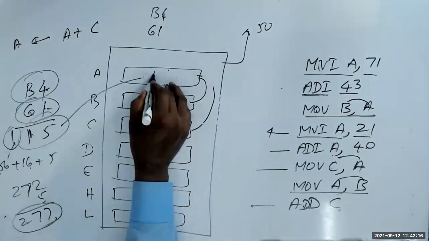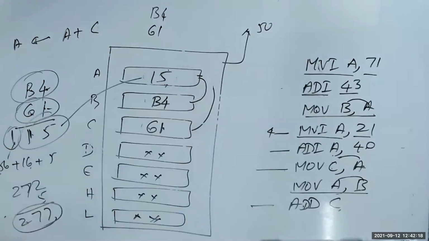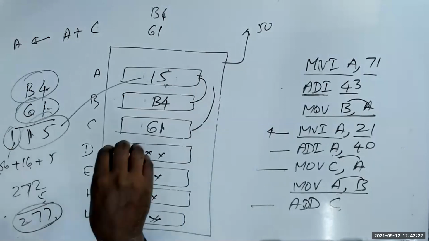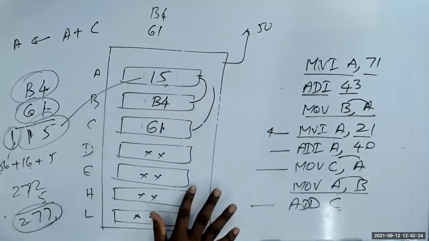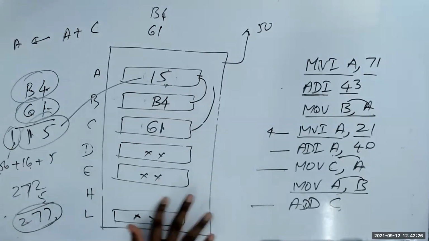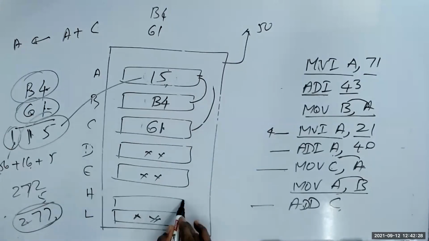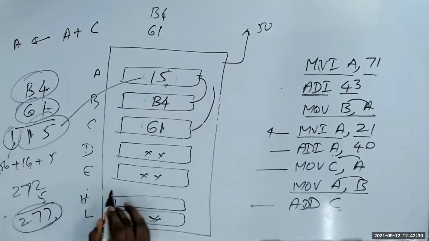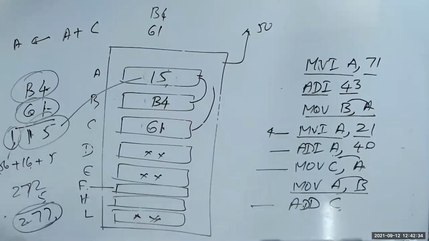Then what will I do? Our 8085, between H and L, allocated one more register called F. That's why they gave it the name F. In that, 1 bit is allocated for this.